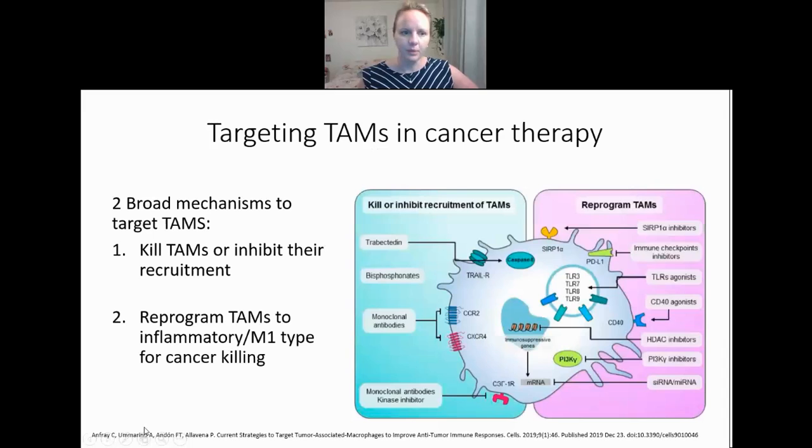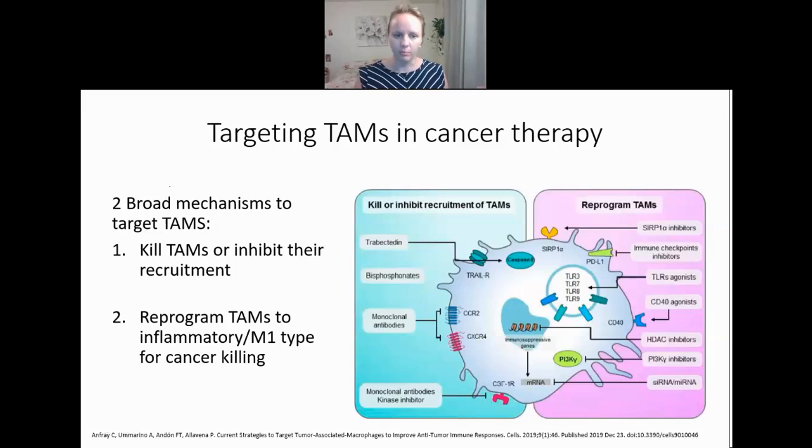So when it comes to targeting tumor-associated macrophages, they seem like a good idea to target, and it's just challenging. There are two broad mechanisms to target TAMs for anti-tumor activity. One is to kill the TAMs specifically, or inhibit their recruitment to the tumor.